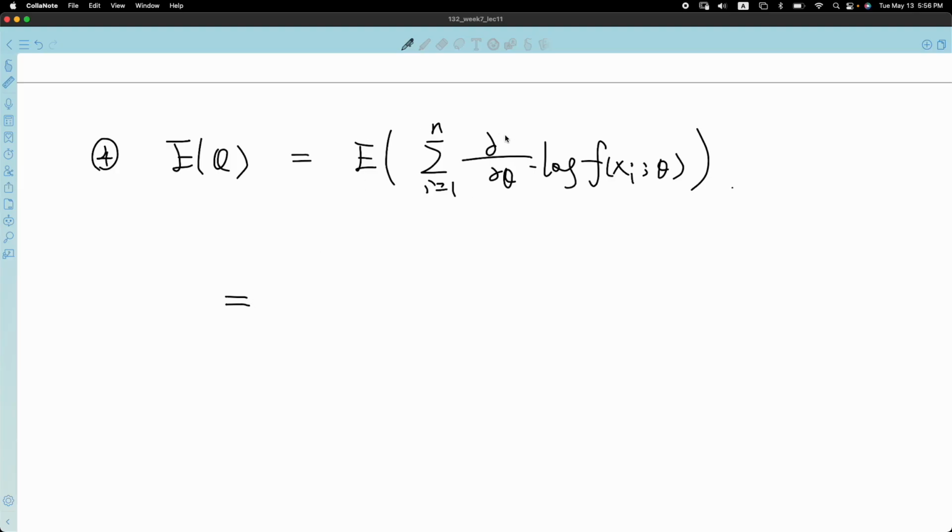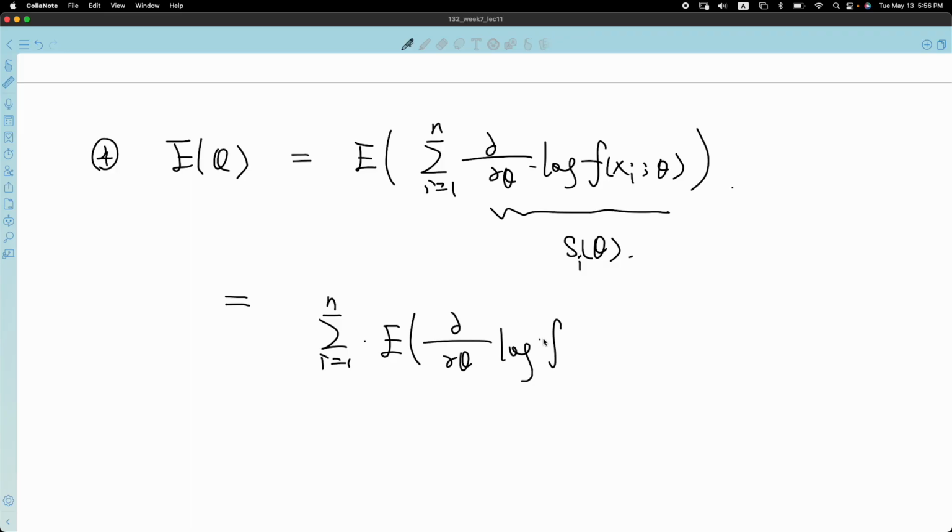This is the expectation of a sum, and it is essentially the score function. If you want, you can also add a subscript i, referring to the score function for data point i, and then we are summing n copies of them. Expectation is a linear operation, so we can change the order of the expectation and the summation. So here we have the summation from 1 to n, and then the expectation of each of the scores.